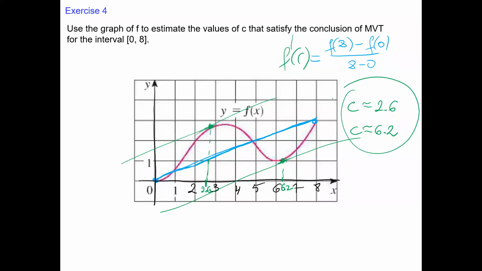I don't think we can draw one near 0, let's not risk it. But definitely these points are where the average velocity is the same as the instantaneous velocity. That's the meaning of the mean value theorem.